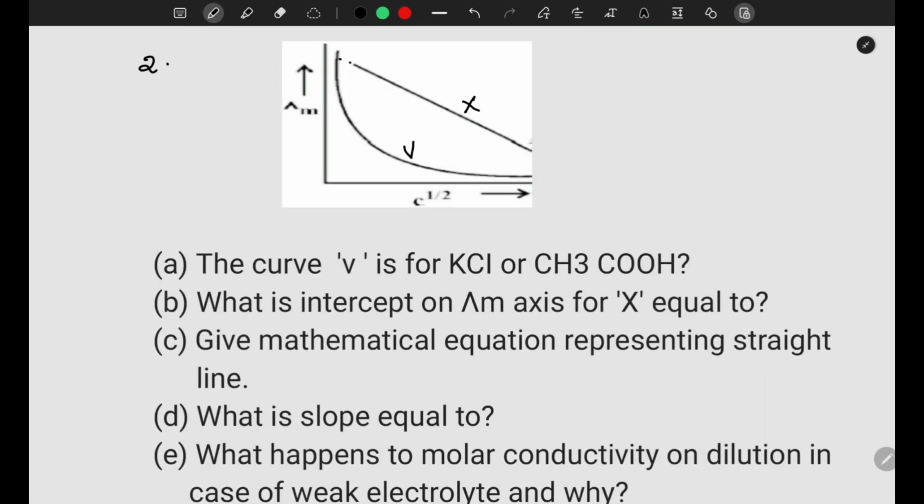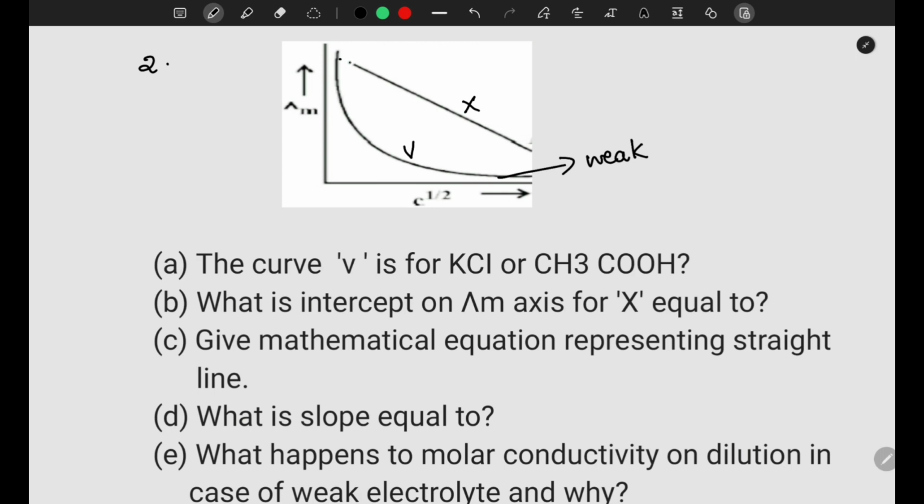Second question, the curve V is for KCl or acetic acid. In the previous question we saw the curve V is for a weak electrolyte. So here acetic acid is the weak electrolyte. And what is the intercept on the lambda m axis for x equal to?